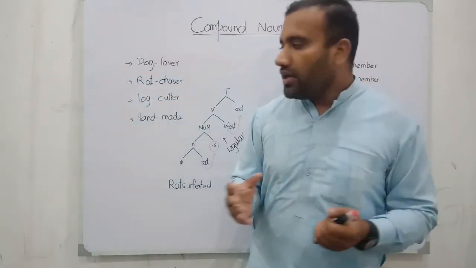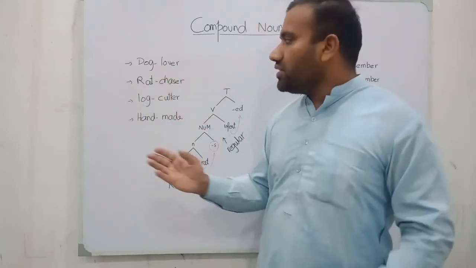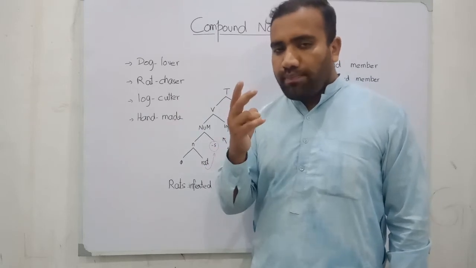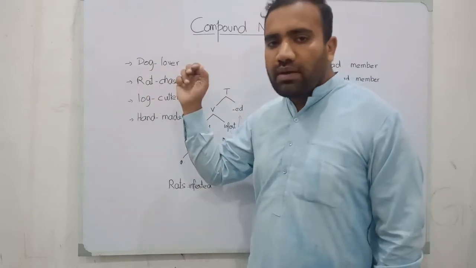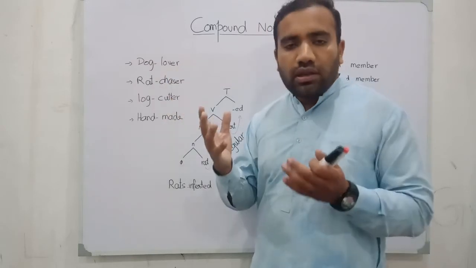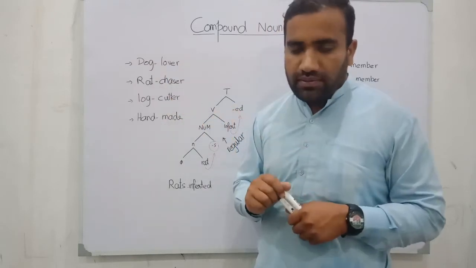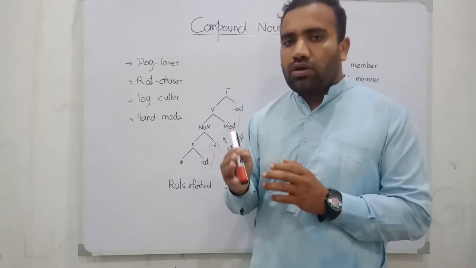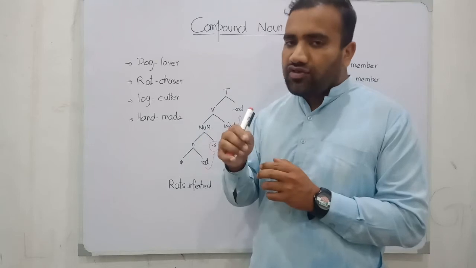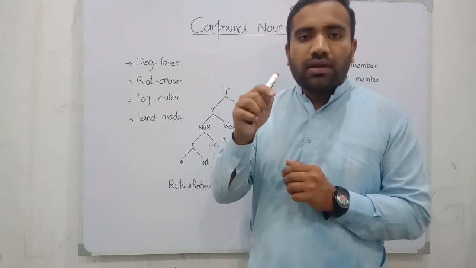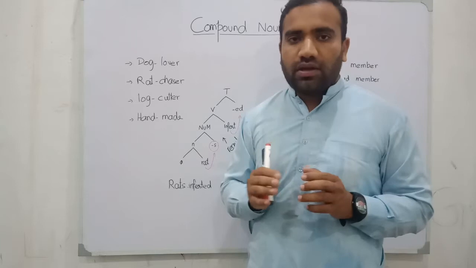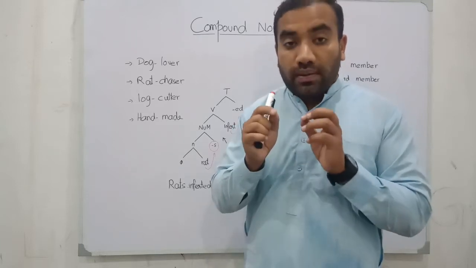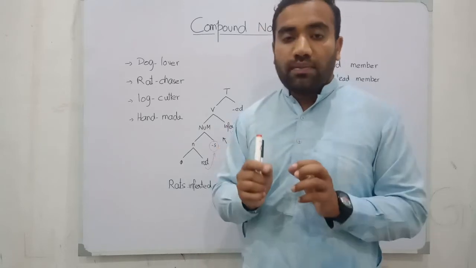In this example we have two members, one is the head member and one is the non-head member. If we want to make the plural of the compound noun, we insert s with the head member. We don't put inflection on the non-head member.